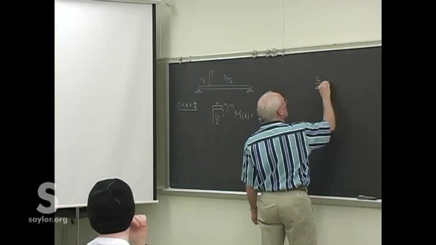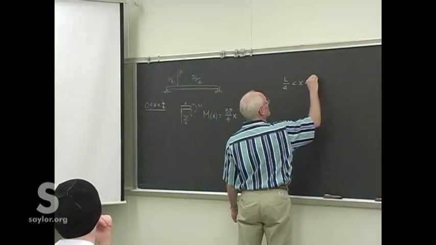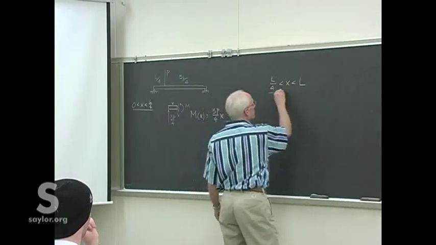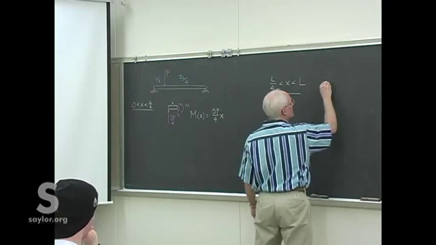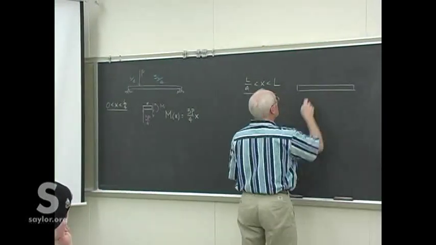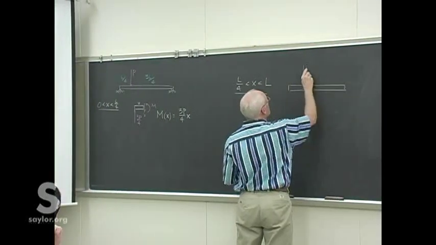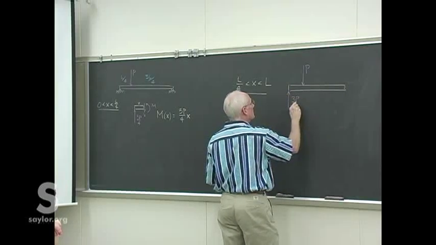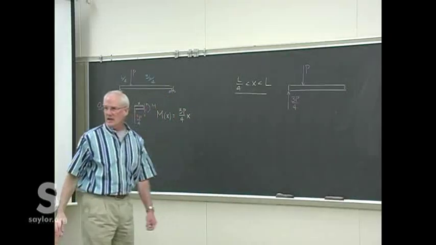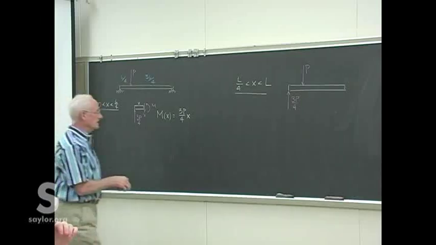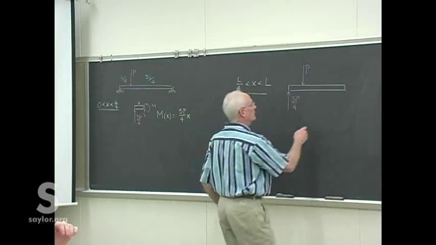So L over 4 down to L. We do the same thing we just did there, only a little bit more. And now we've got the load in there. And you could do it from the other side, but then things get a little bit tricky of what X represents. You want X to always mean the same thing through all of these.